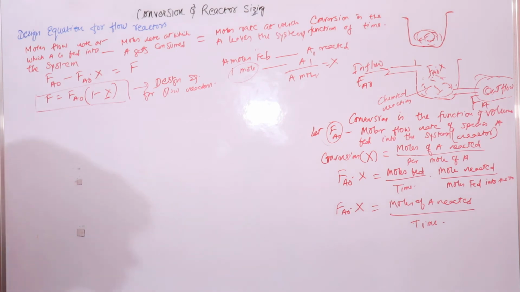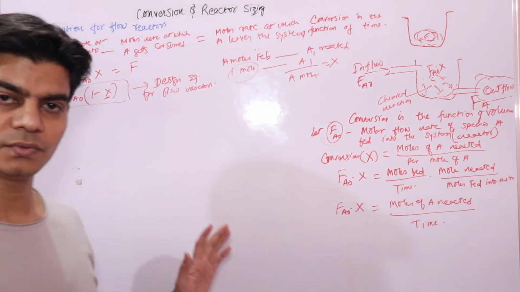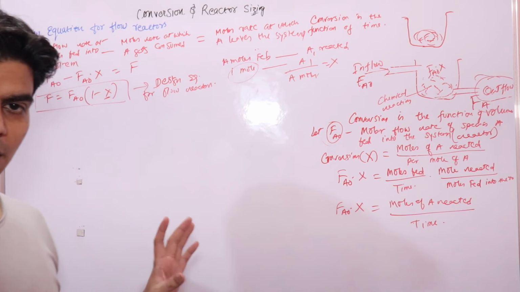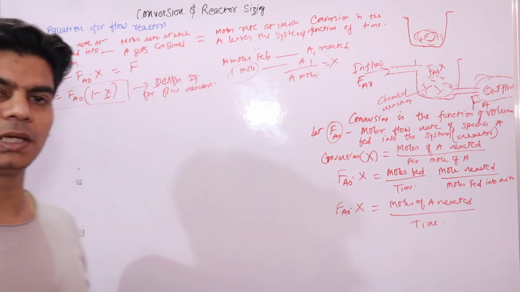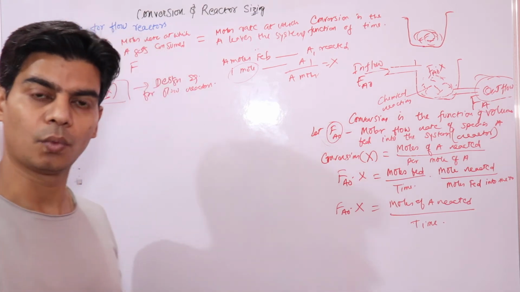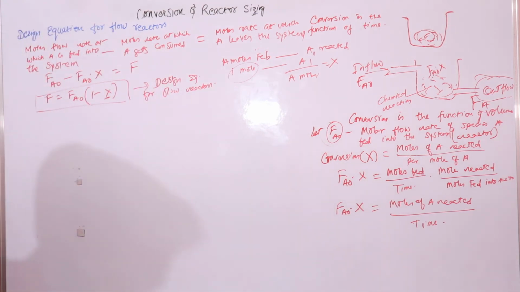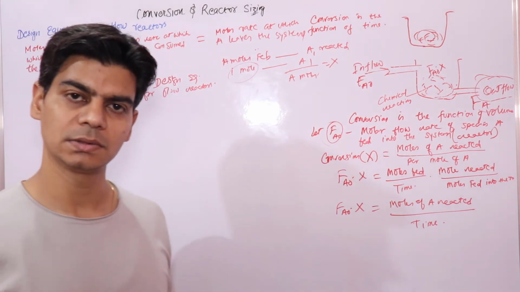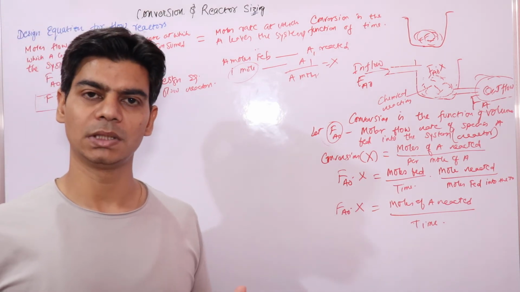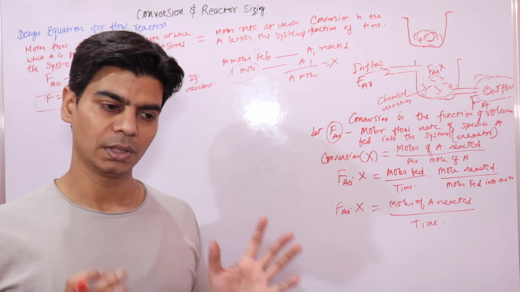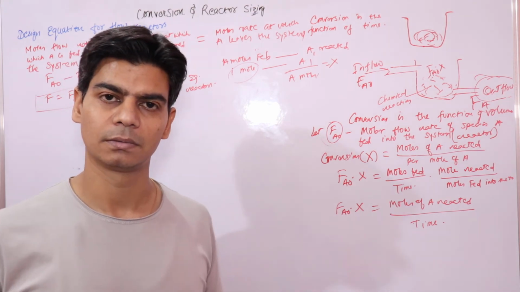We have done this in one of the previous lectures also. I'll just brief you on this. In order to write the design equation for any reactor, we modify the mole balance using conversion, or we write the mole balance equation for that reactor in terms of conversion.